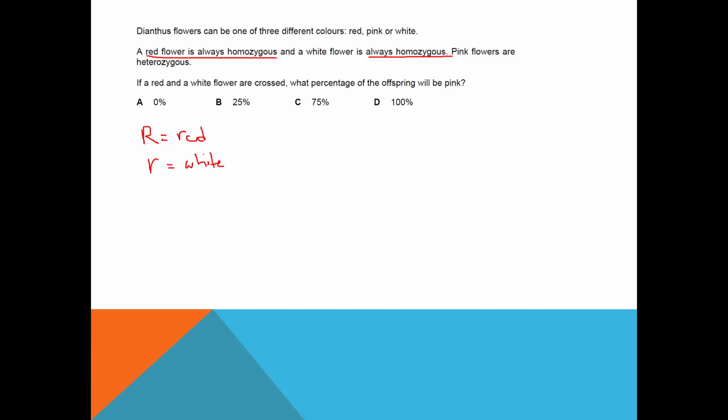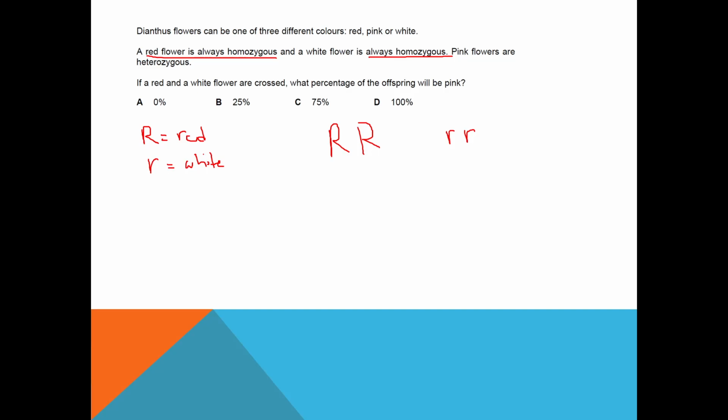The alleles for a red flower would be R and R, because it's always homozygous. It cannot be a small r and a big R. On the other hand, the white flower would be small r and small r, because it is also homozygous.